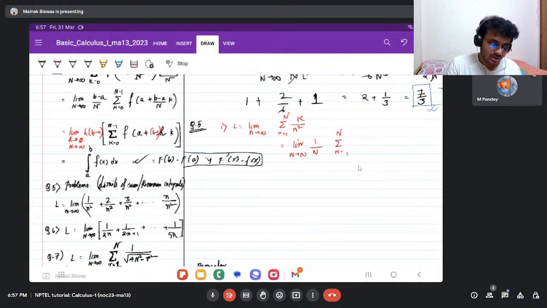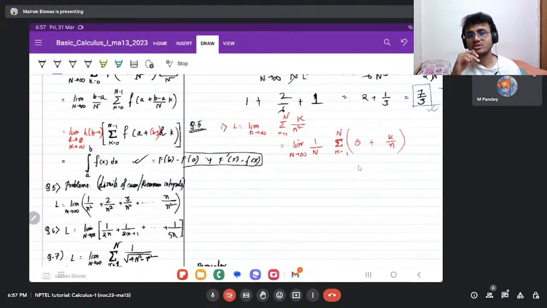Just remember that, because it's just one point, infinitesimally, so it doesn't matter to a sum. So what is it? k by n. Agreed? So k by n, what can I do? I can write this as 0 plus k by n, right? This is how we will define this for functions.